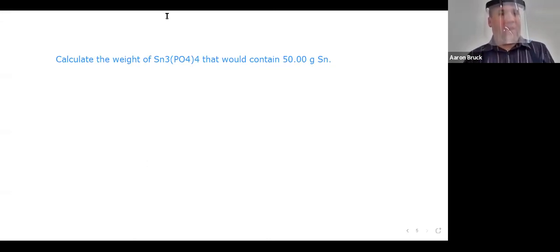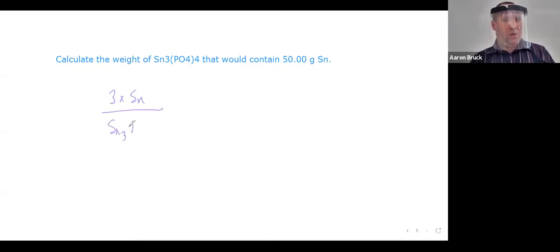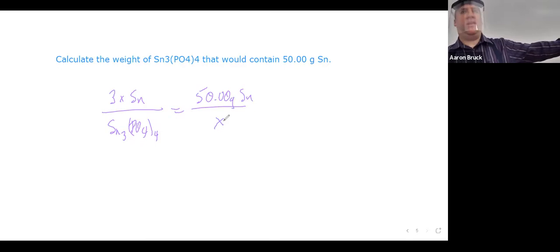One way to do it would be to take the molar masses and basically set up a proportionality: 3 times 10 over the whole mass of the tin 4 phosphate is equal to 50 grams of tin over X. That's one way that you could do this.